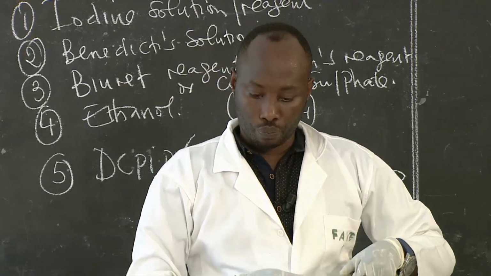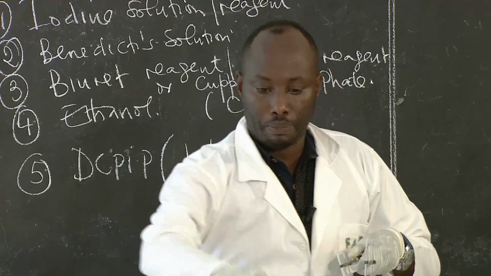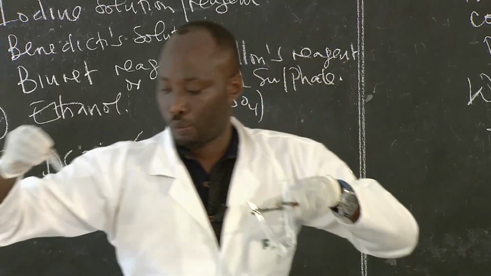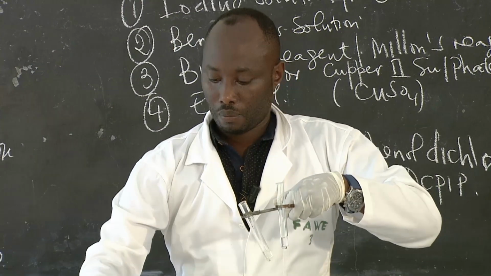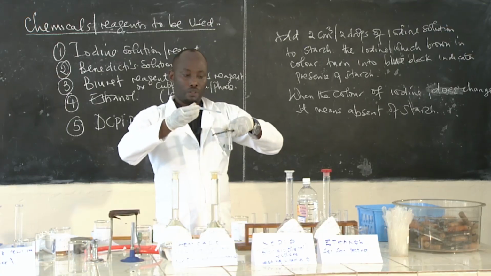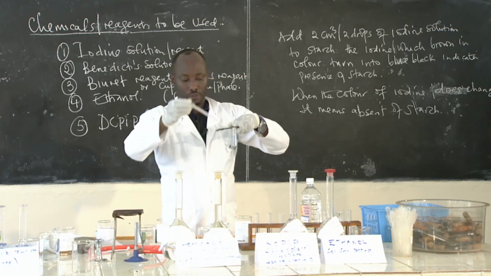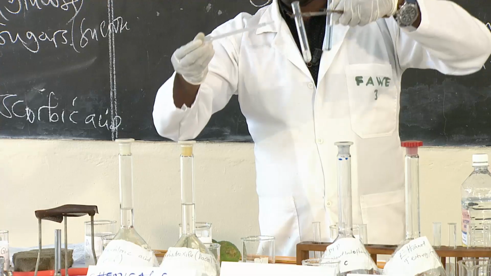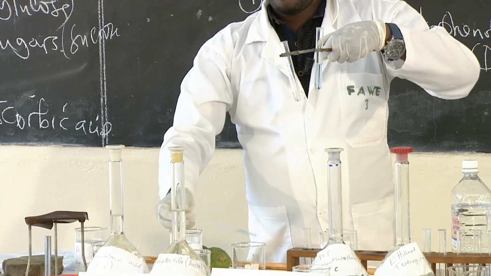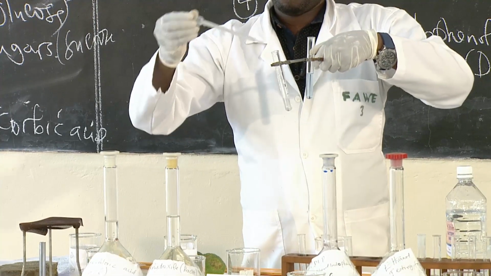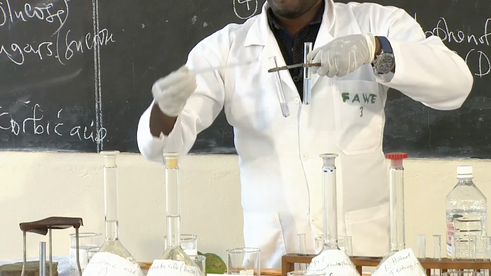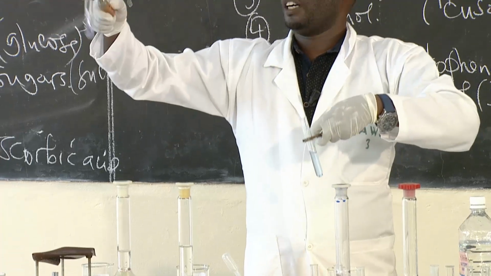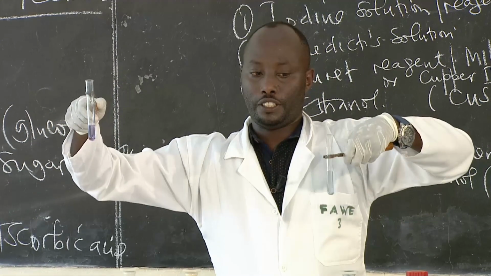Let us use the pipette, then we add them into 2 test tubes. We start with that one. Use like 2 drops. Then shake again gently, and you observe the color changing.